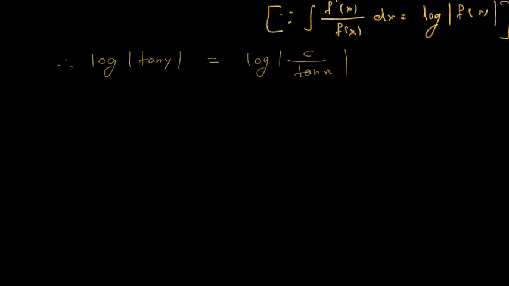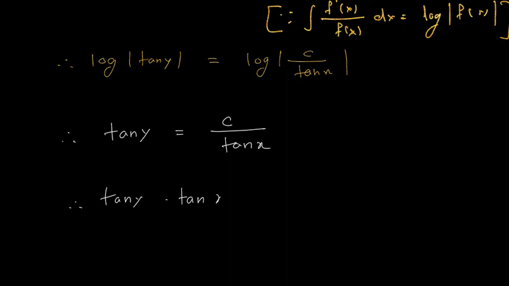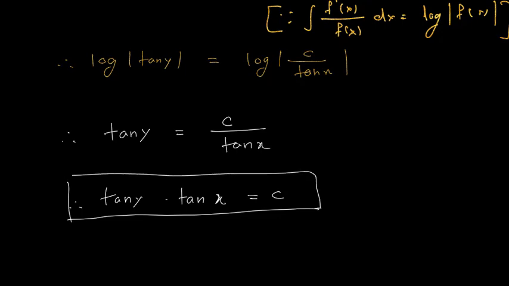Now log we have cancelled, so I have only tan y is equals to c upon tan x. Therefore we can also say that tan y into tan x is equals to c.